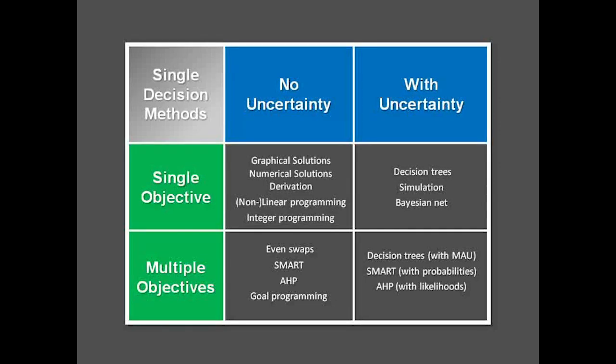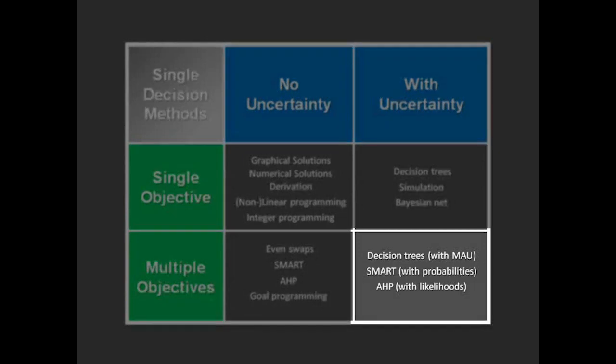Now, when we have multiple objectives but we also have uncertainty, what we need to do is actually modify techniques that apply to multiple objective problems with no uncertainty, or perhaps what we can do is take a multiple objective problem and transform it in some way to make it into a single objective problem by combining multiple objectives into a single measure.